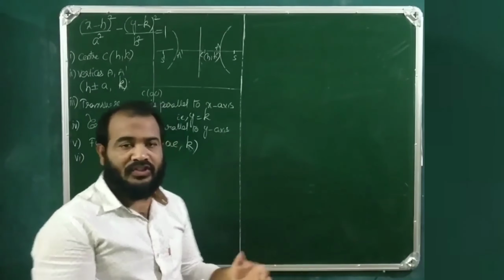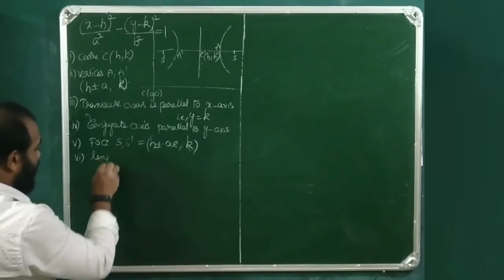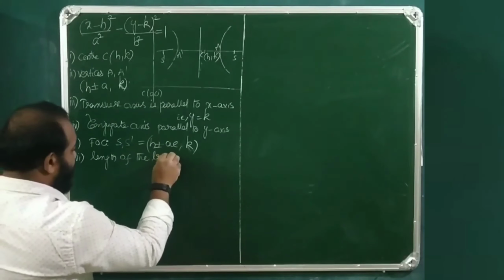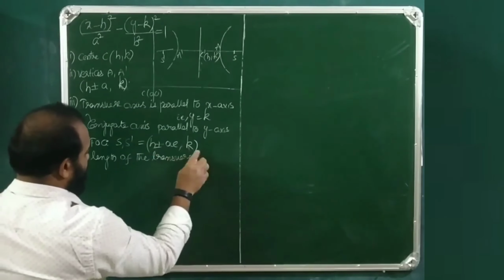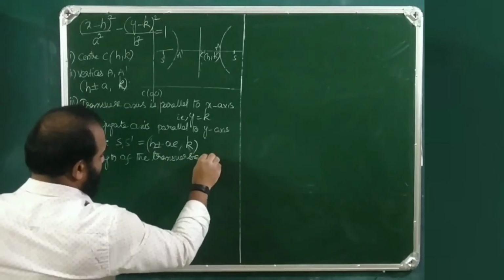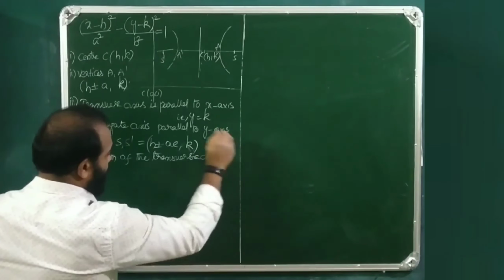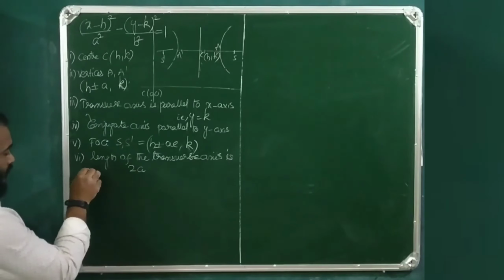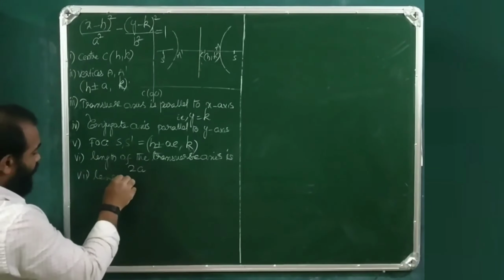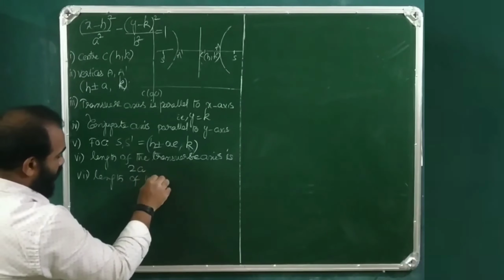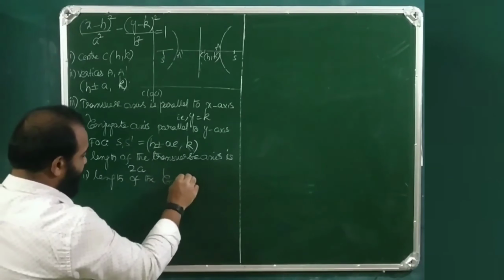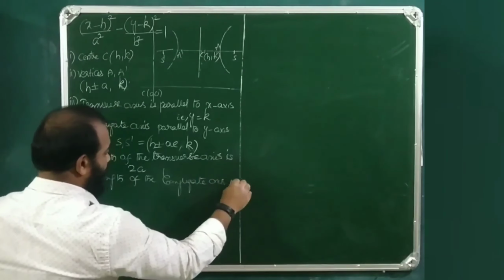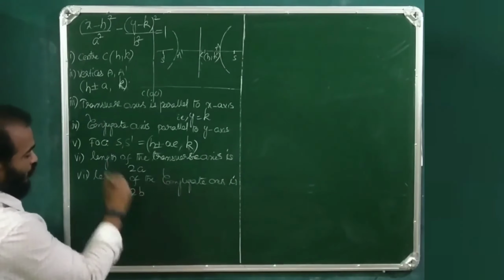They are not going to change. So the length of the transverse axis is 2a, and the length of the conjugate axis is 2b.